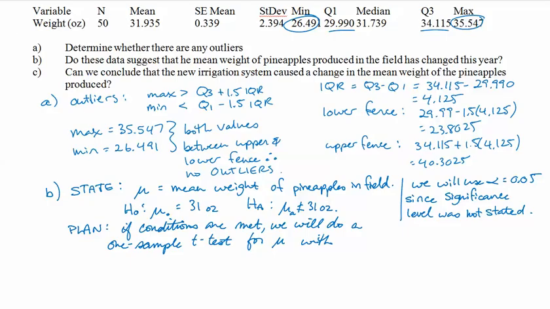If we have 50 samples, 50 pineapples sampled, so we have 49 degrees of freedom.